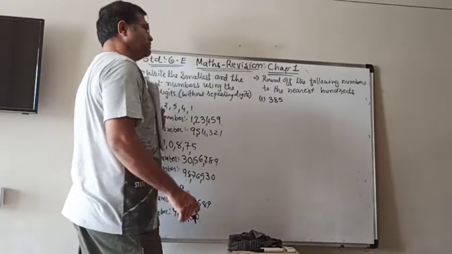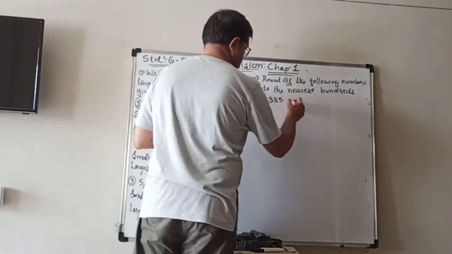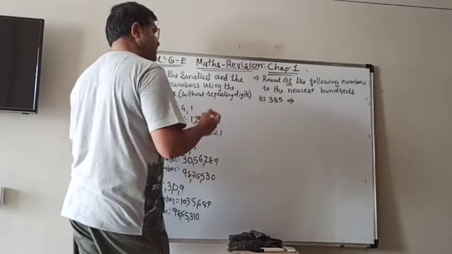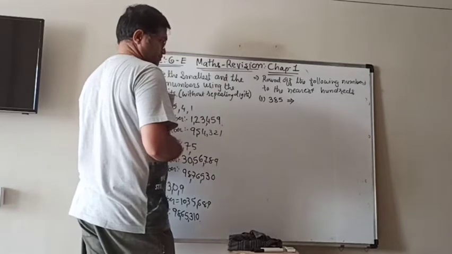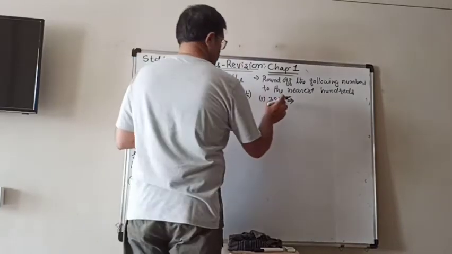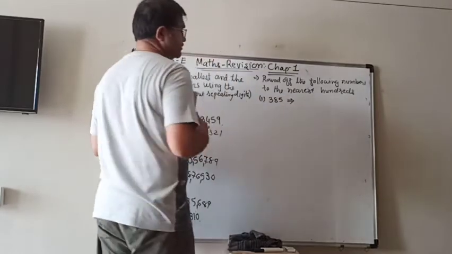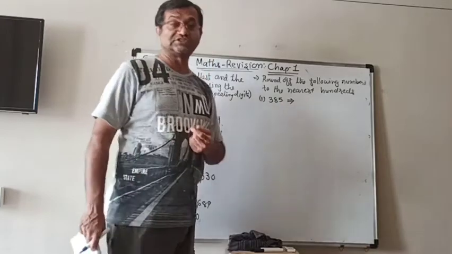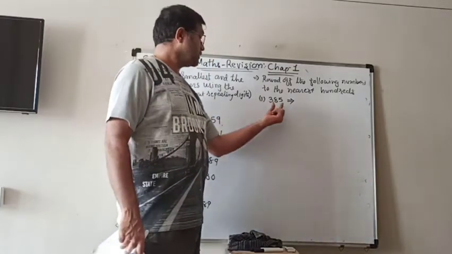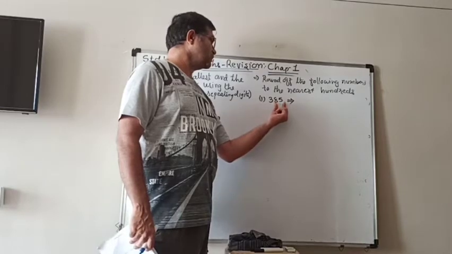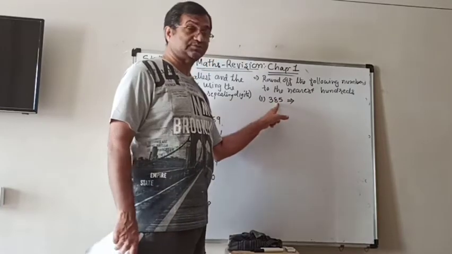In this situation, we have to check which number is the nearest 100. For that, we have to check the last 2 digits, especially the second last digit.